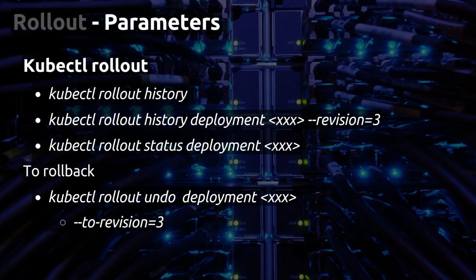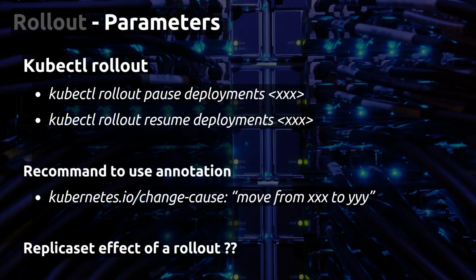For example, in production, you make some stuff with automation, and in a non-call, for example, you need to roll back quickly, and you can use kubectl rollout undo deployment, the name of this deployment, and --to-revision, and the number of this revision where you want to target it, and you want to roll back, for example, here to revision 3.